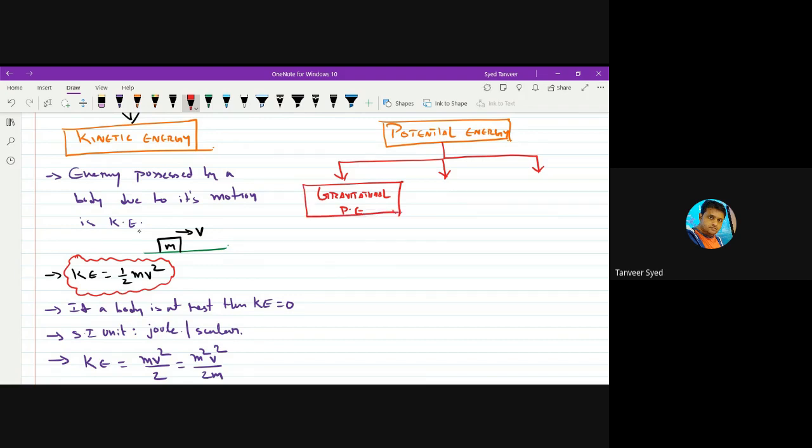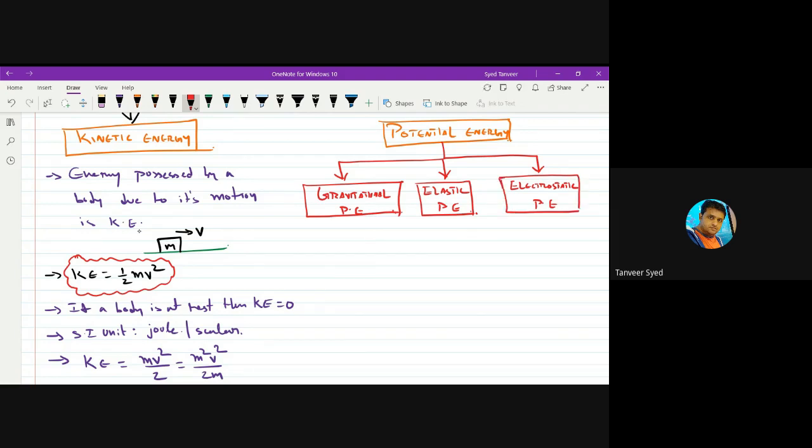Second is elastic potential energy. Third is electrostatic potential energy.